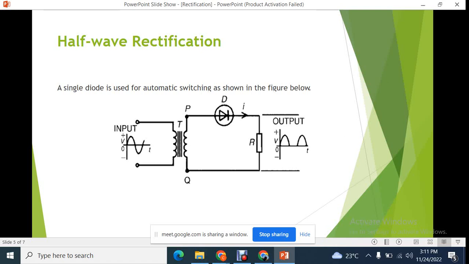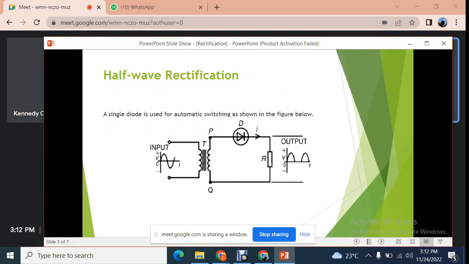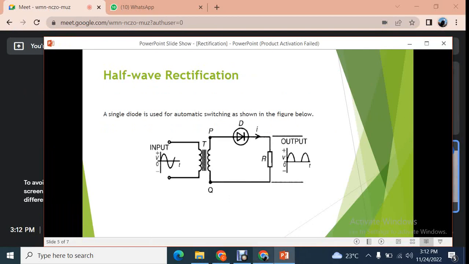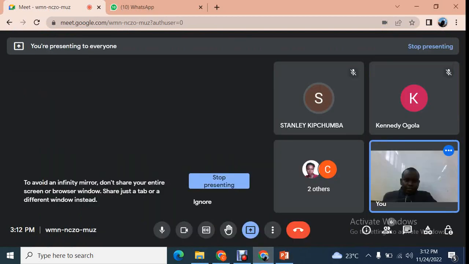And now from there, are we all seeing what I'm describing on the screen? Can you mute your microphone and confirm to me that you're able to see it? No, we are not able to see, sir. All right. Let me share again.